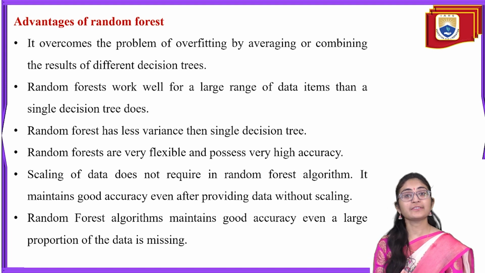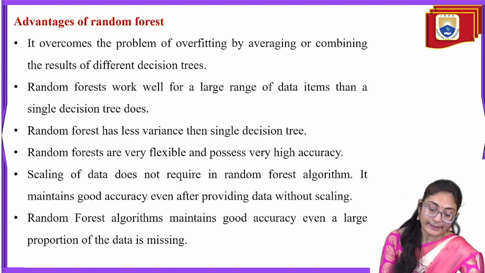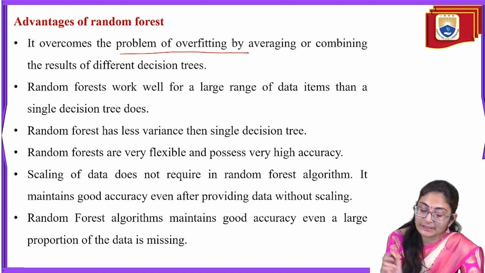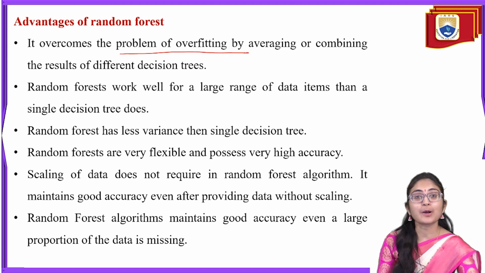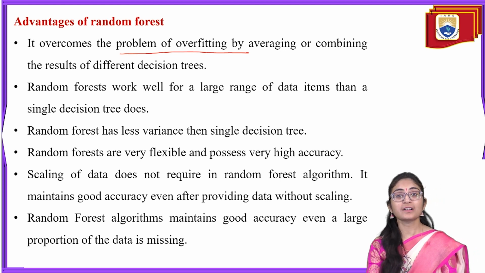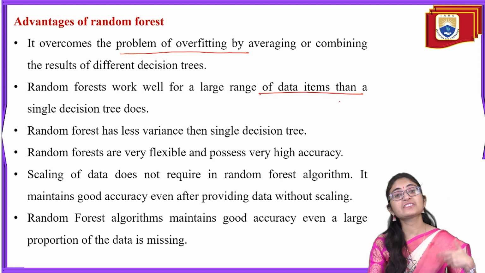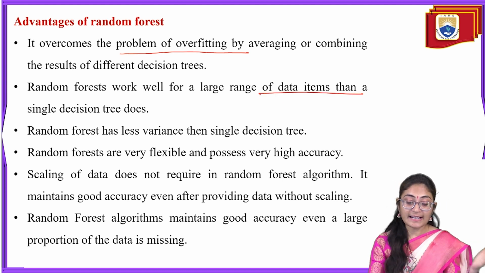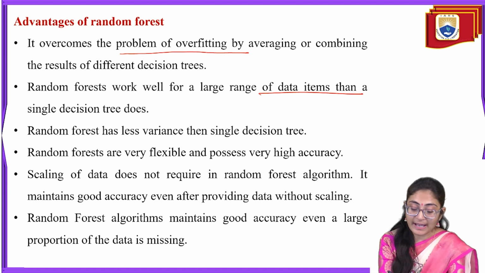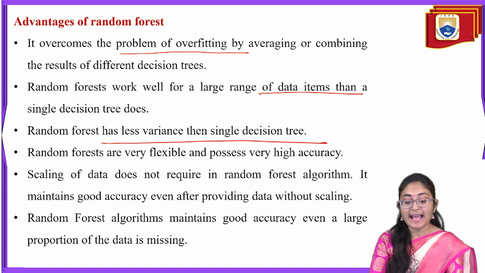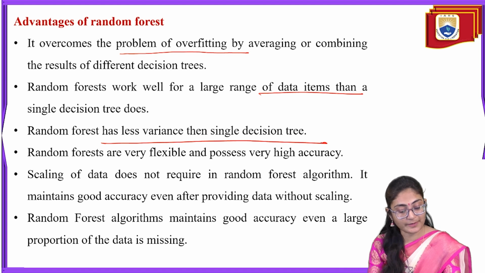Now there are some advantages of the random forest. It overcomes the problem of overfitting by averaging or combining the results of different decision trees. Second, random forest works well for a large range of data items, better than a decision tree does. Random forest has less variance than a single decision tree.